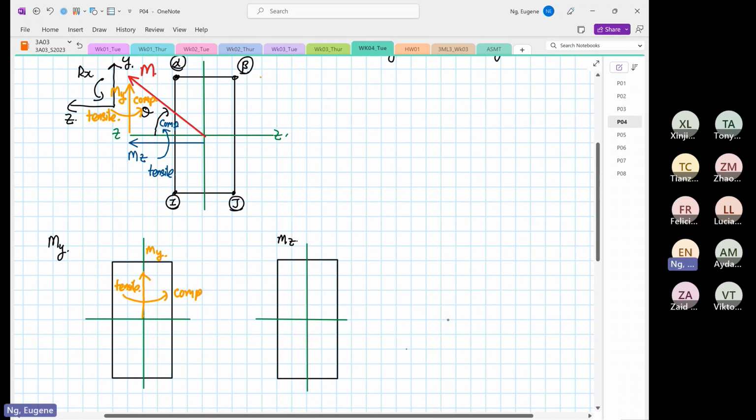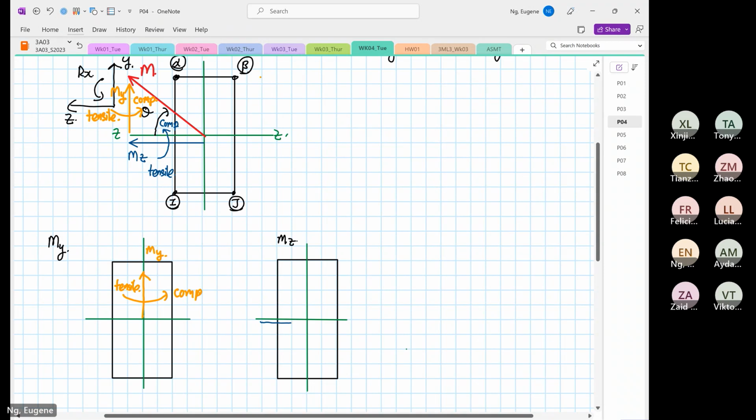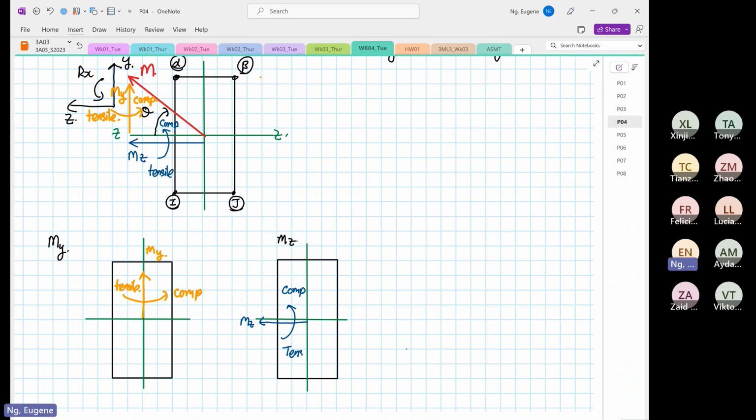Then we have the moment about z, and using the right hand rule, this is compression, and this is tensile.